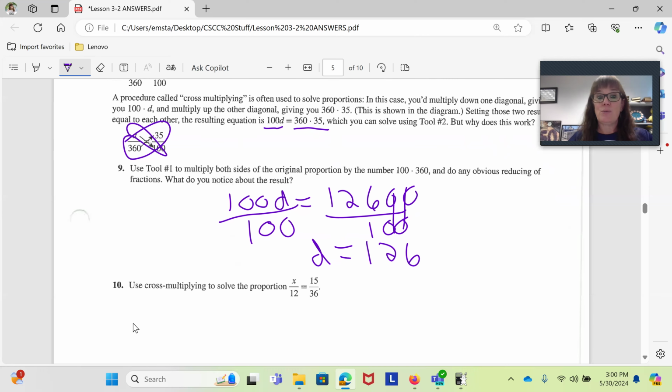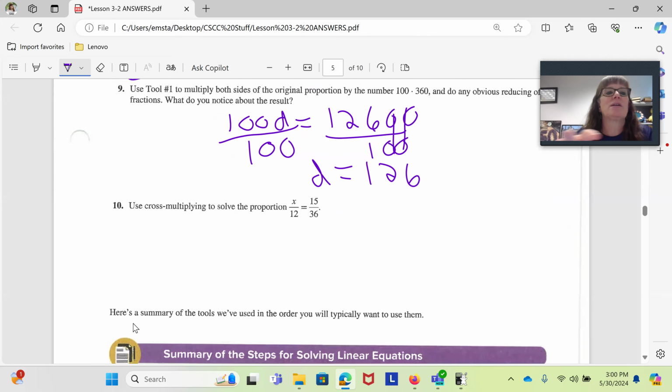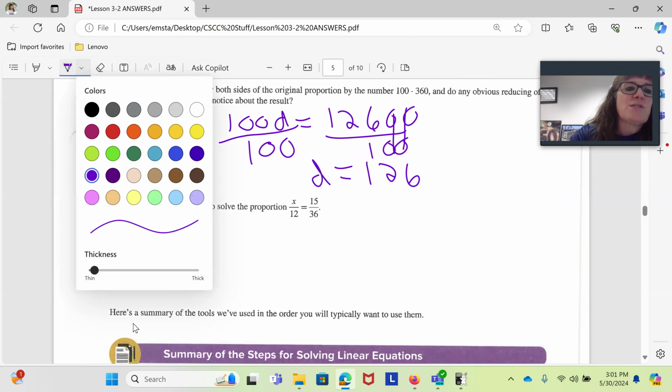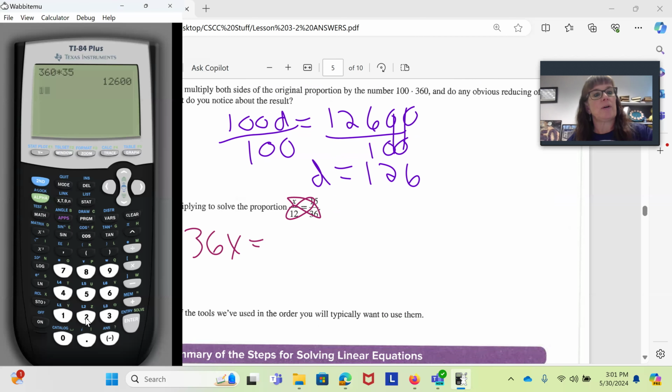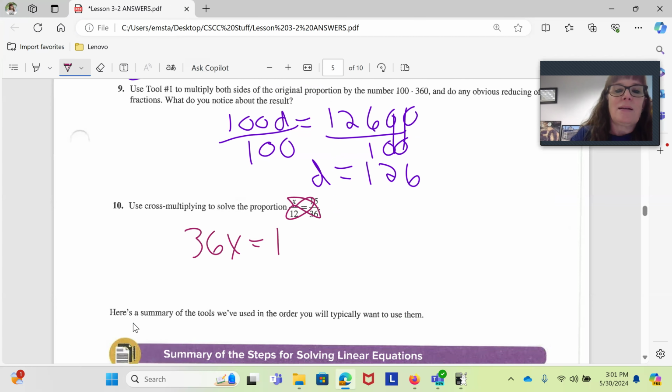So let's do number 10 with the cross multiplying idea. So we'll do a different color just so there's not too much purple showing up here. We'll do pink. So make your butterfly wings to cross multiply. 36 times x is 36x. And then I have to do 12 times 15. 12 times 15. 180.